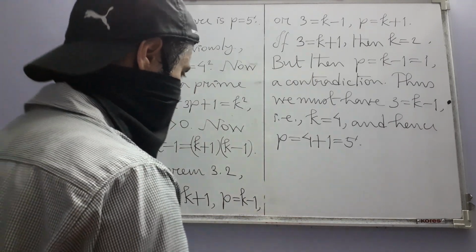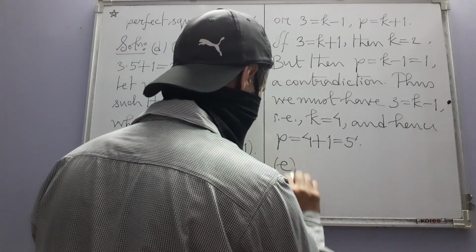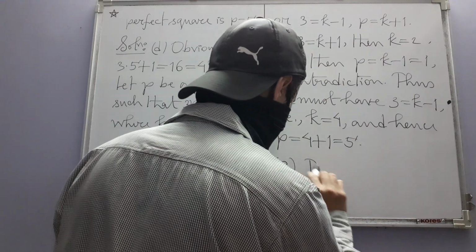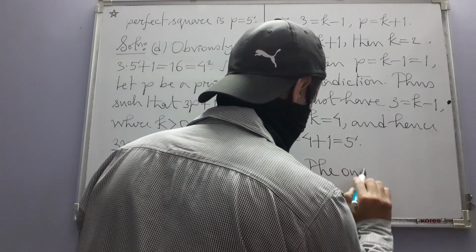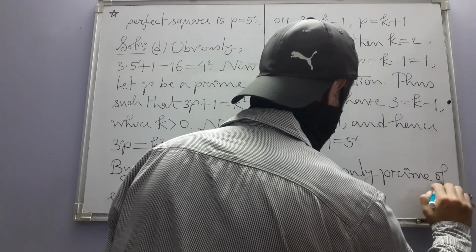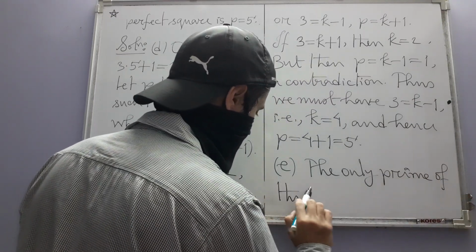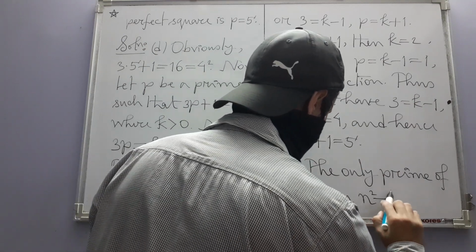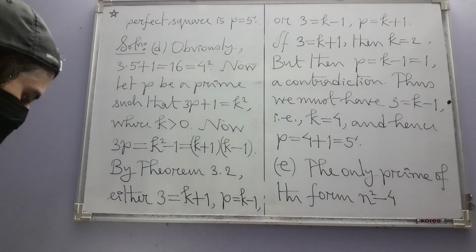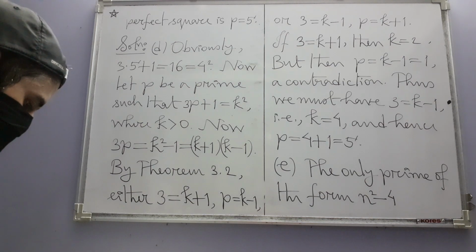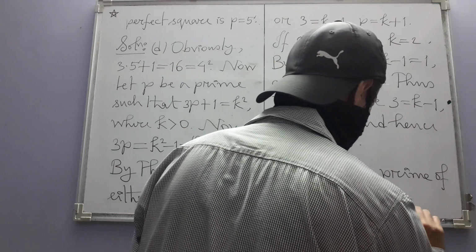And lastly, part E. The only prime of the form n square minus 4 is 5.